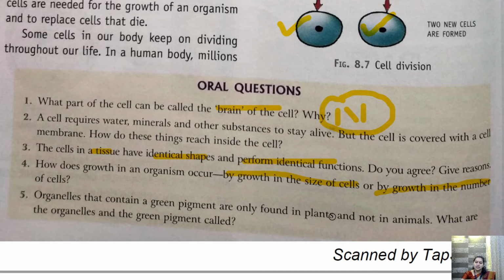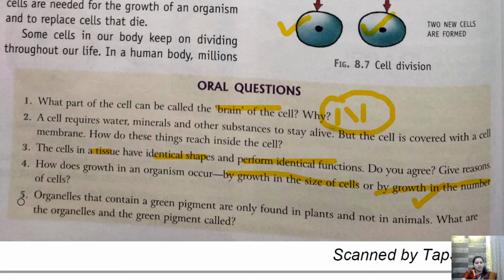So what is the answer here, children? Answer is growth by growth in the number of cells. In it the number of cells increases, the size does not increase, the number of cells increases. Okay, so this is the answer.